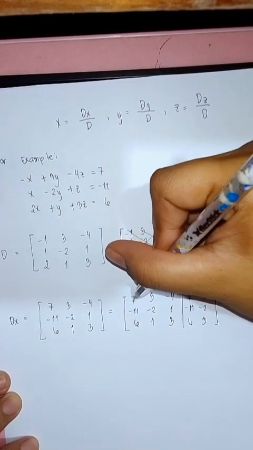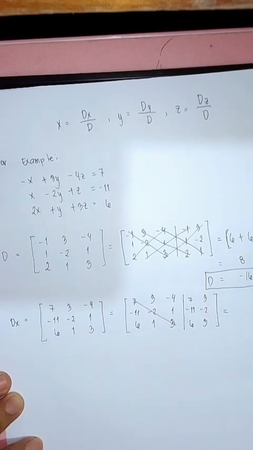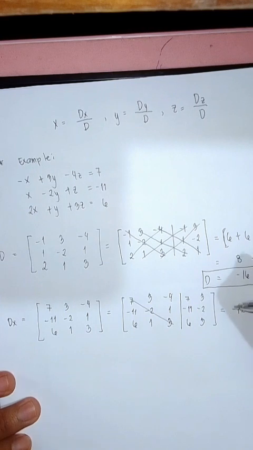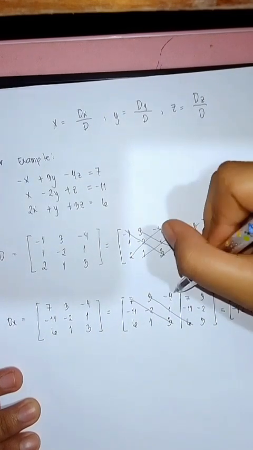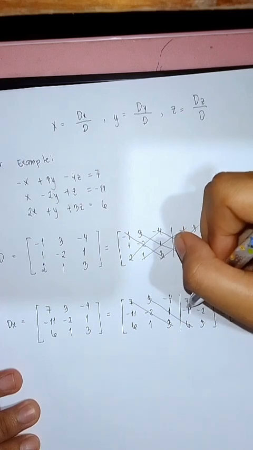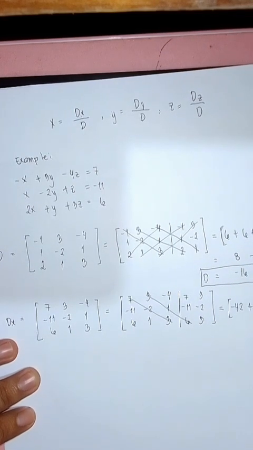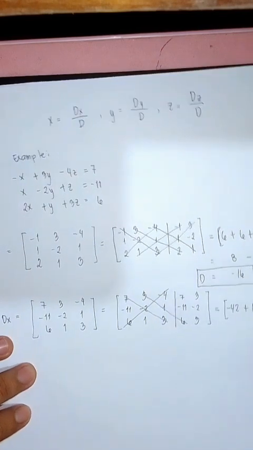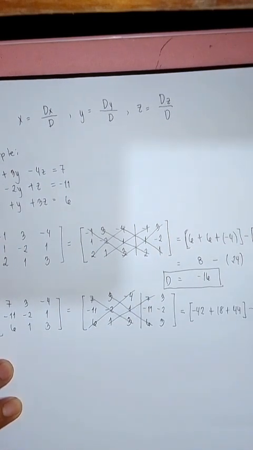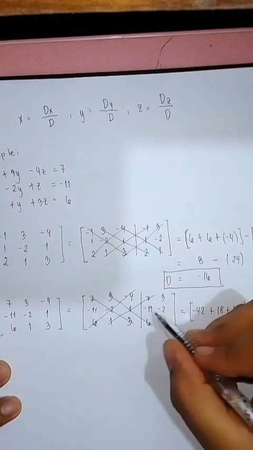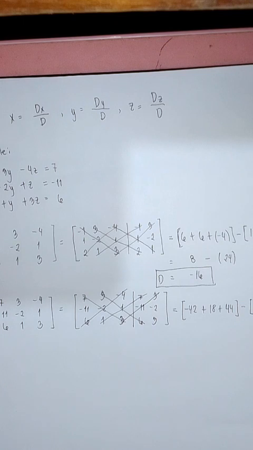So, 7 times negative 2 times 3 is negative 42, plus 3 times 1 times 6 is 18, plus negative 4 times negative 11 times 3 is 44, minus negative 4 times negative 2 times 6 is 48, plus 7 times 1 times 1 is 7, plus negative 11 times 3 times 3 is negative 99.